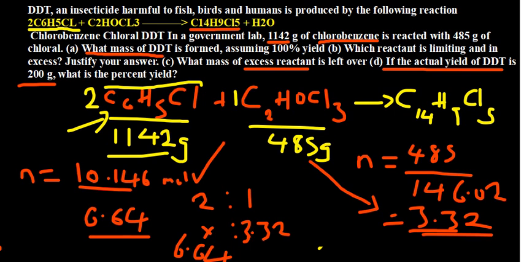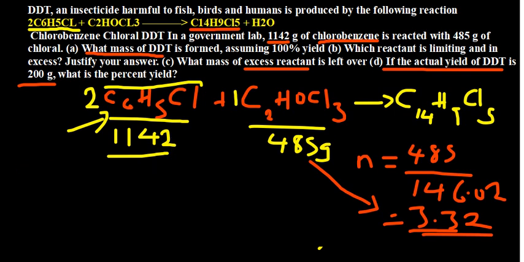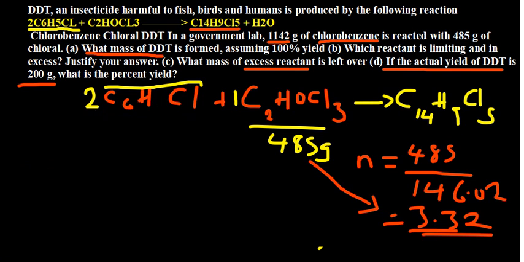So all the calculations to deal with what is produced, we're going to be working with the limiting reagent. Okay, so the first question says, what mass of DDT is formed? Assuming 100% yield, what mass of DDT is formed? Okay, so now we'll look at chloro with the DDT. In what ratio are they?